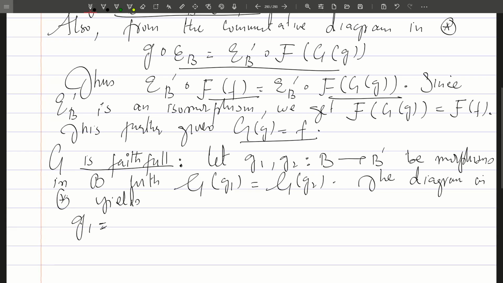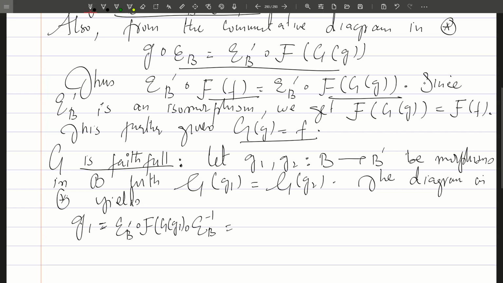So this G1 is the same as first going via epsilon b inverse, followed by f of g1, followed by epsilon b prime.